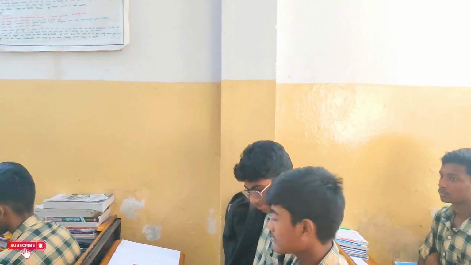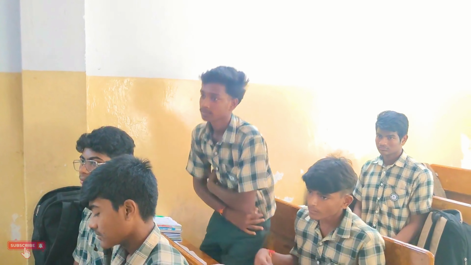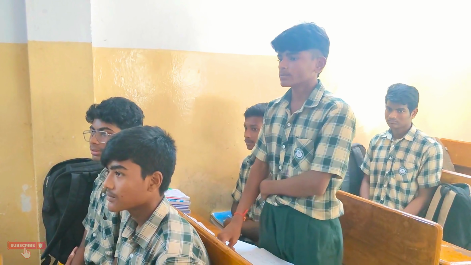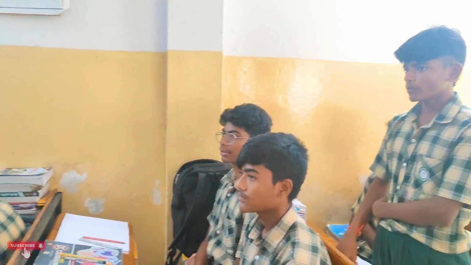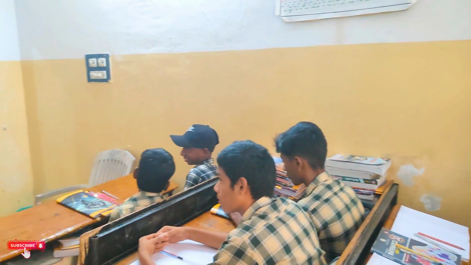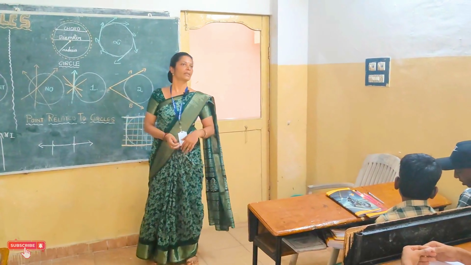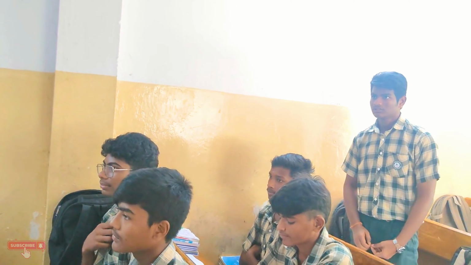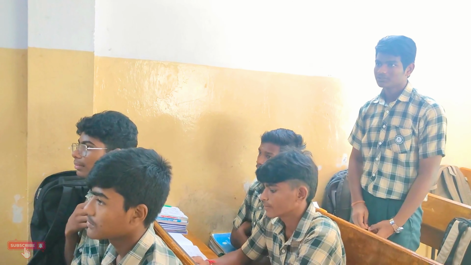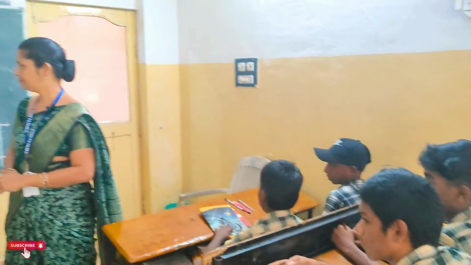When the line is getting inside the circle, it is called a secant. Please sit down. What is the radius? Center to the arc of the circle. Please sit down. What is the radius? It is called a radius.